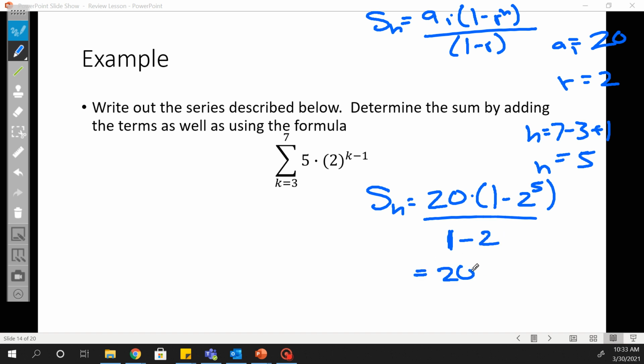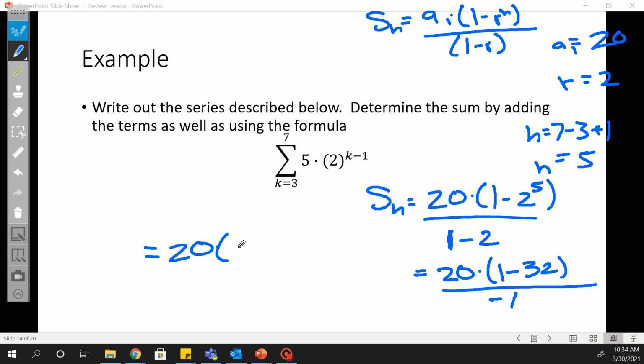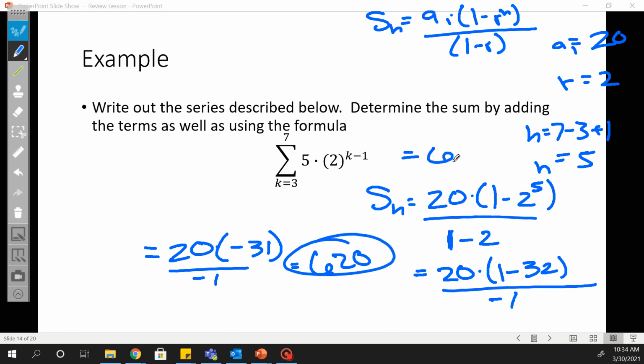Okay, so that's 20 times 1 minus 2 to the 5th, which is 32. Yep, definitely messed that up in the first class period. 1 minus 2, which is negative 1. So that's 20 times negative 31 over negative 1, which is 620. The value of this series is 620.